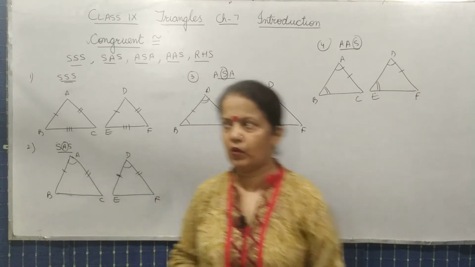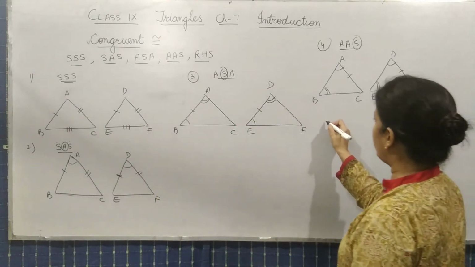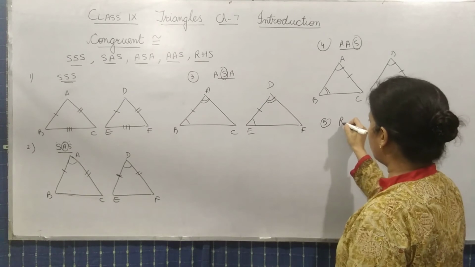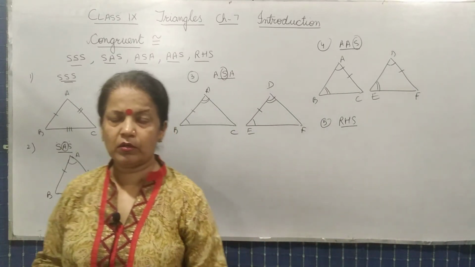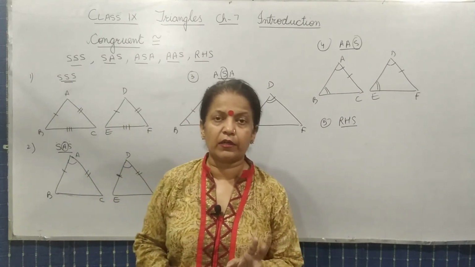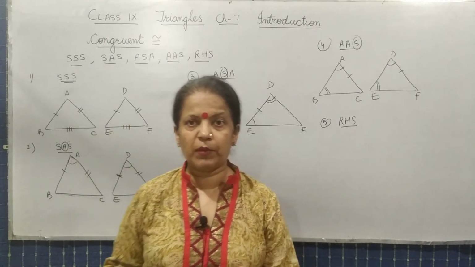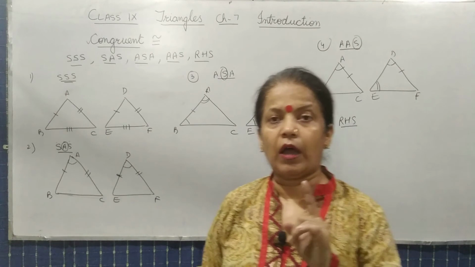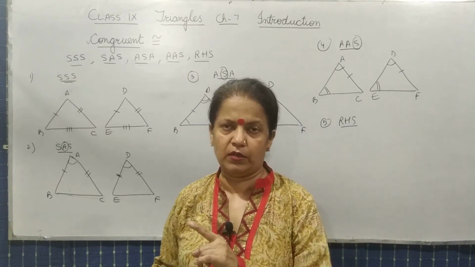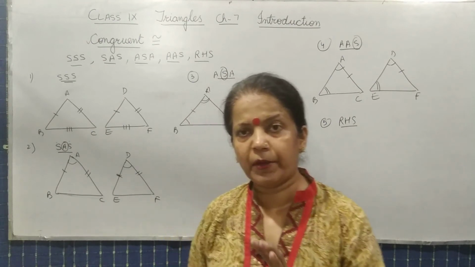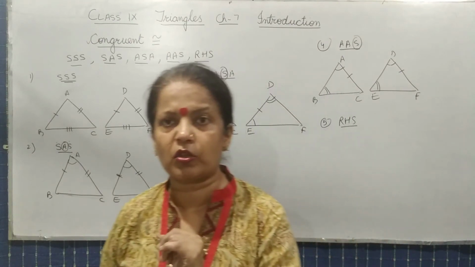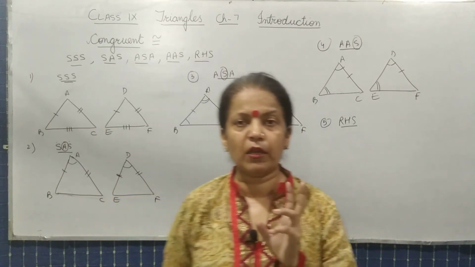Clear? Okay. Come to the last congruency, that is RHS. What does RHS mean here? It is not right hand side. Here RHS means right angle, hypotenuse, side. Since RHS talks about right angle, hypotenuse and side, what does it mean?